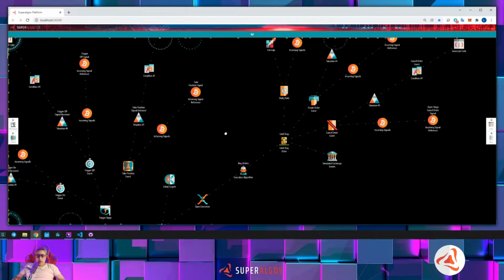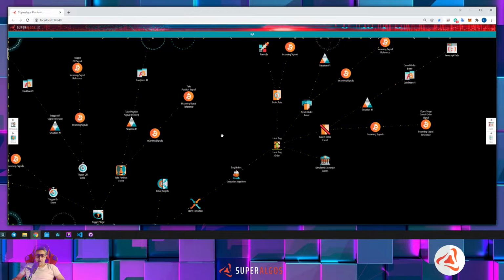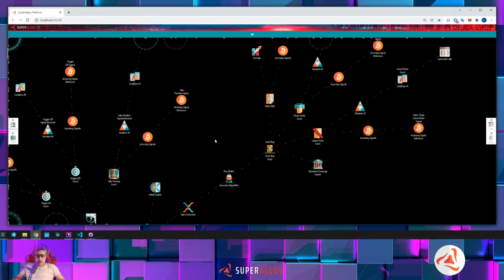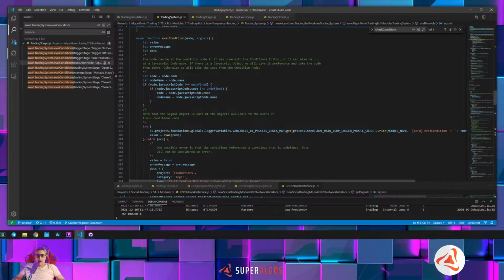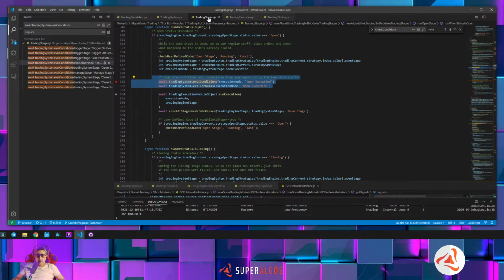The question is, can we keep the formulas being evaluated here, or should we? We know the conditions cannot be here, but the formula might still be here. There is nothing bad in executing this from here.